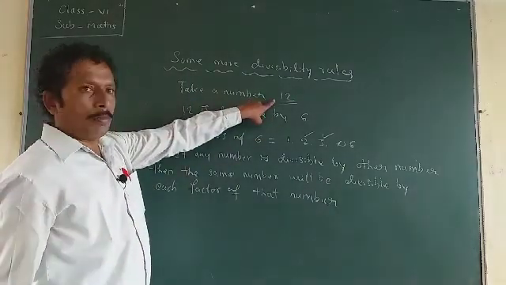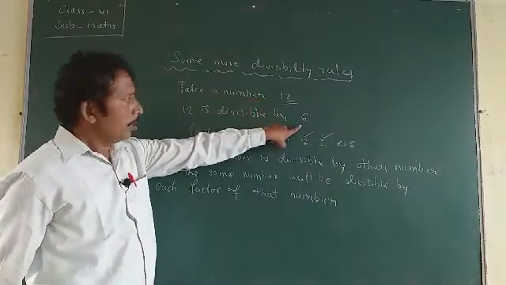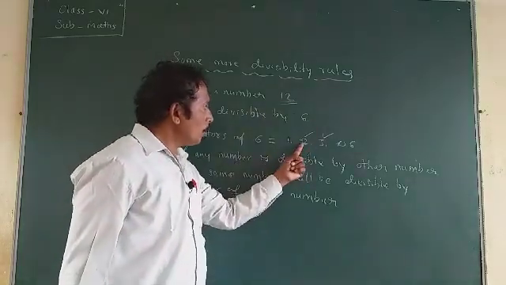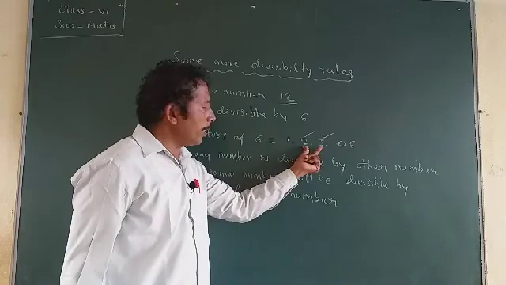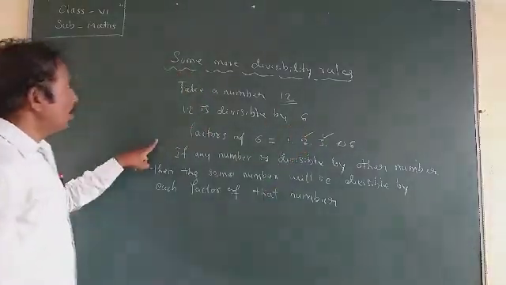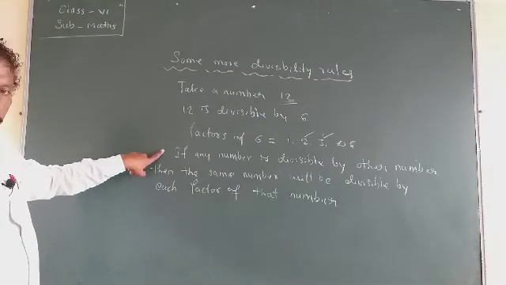Here the number 12 is divisible by 6. Now the same number 12 is also divisible by 2 and 3, because 2 and 3 are the factors of 6. So this is one more divisibility rule.